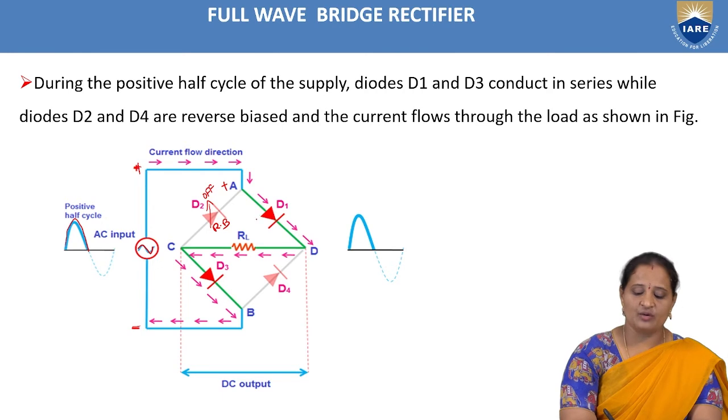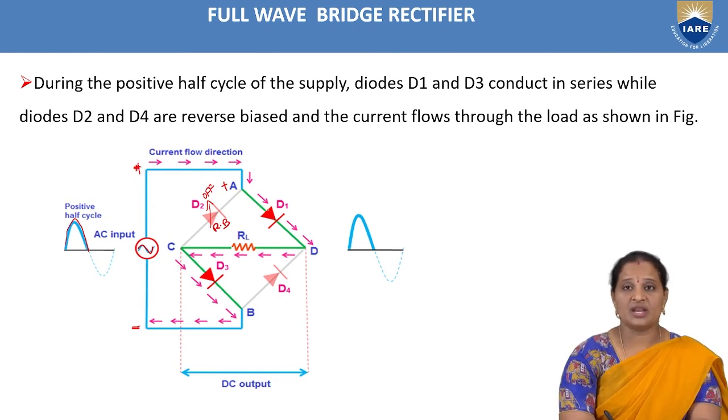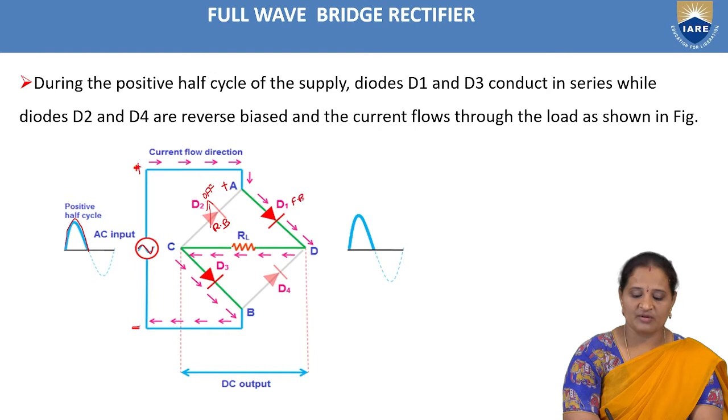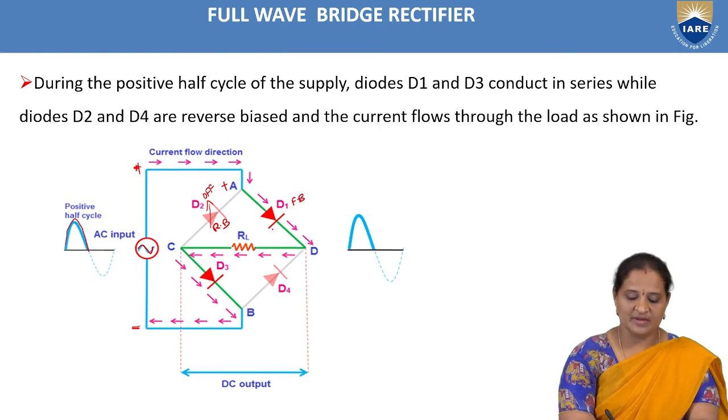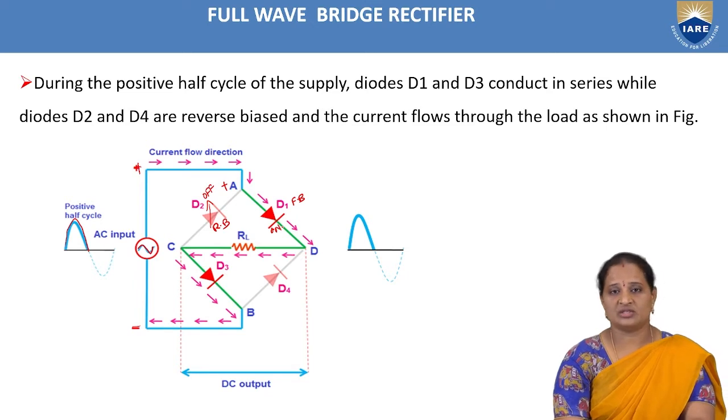Now let us see diode D1, whose anode is connected to point A, where point A is at more positive potential during the positive half cycle, which makes the diode D1 forward biased. Forward biased means this diode will be on and hence it acts as a short circuit.